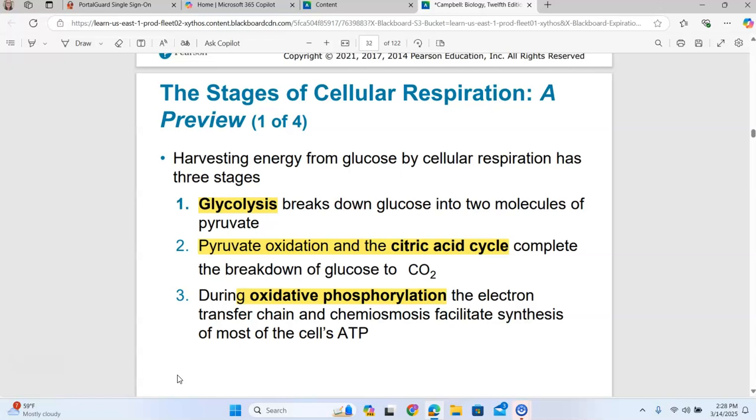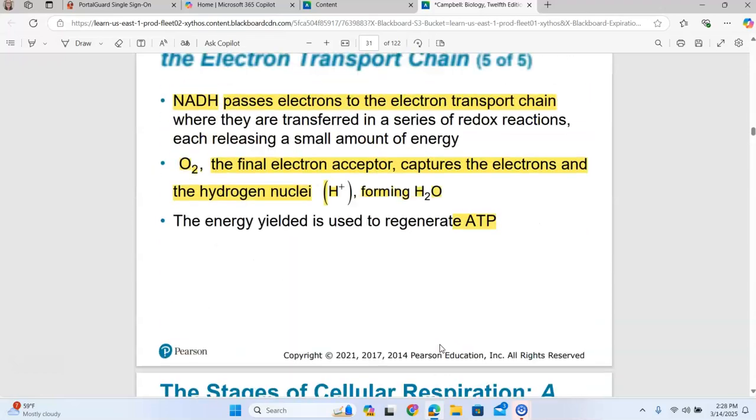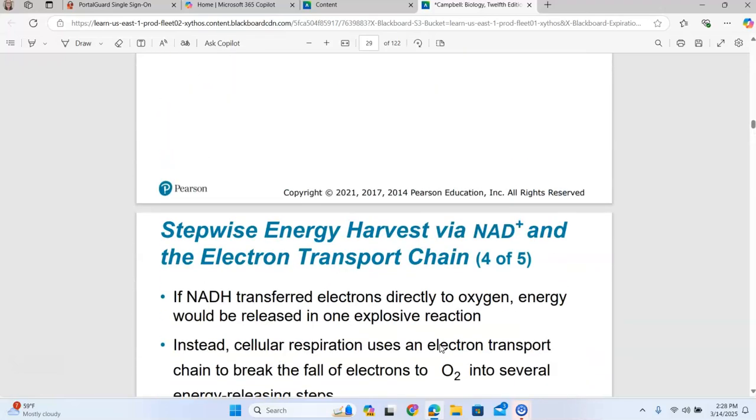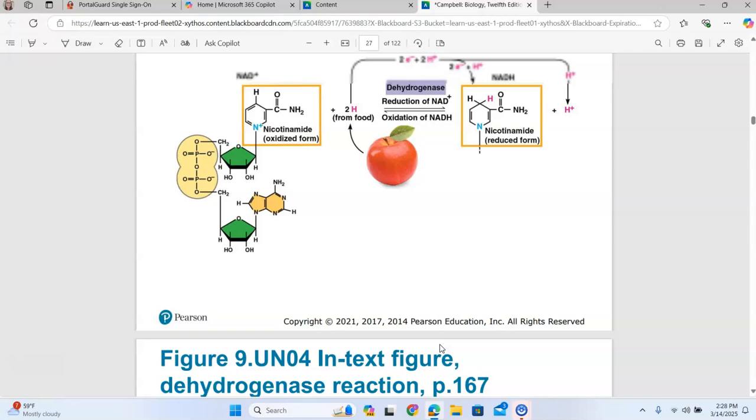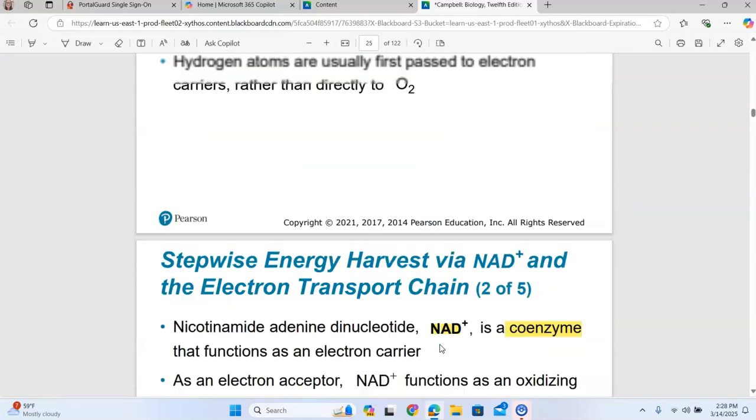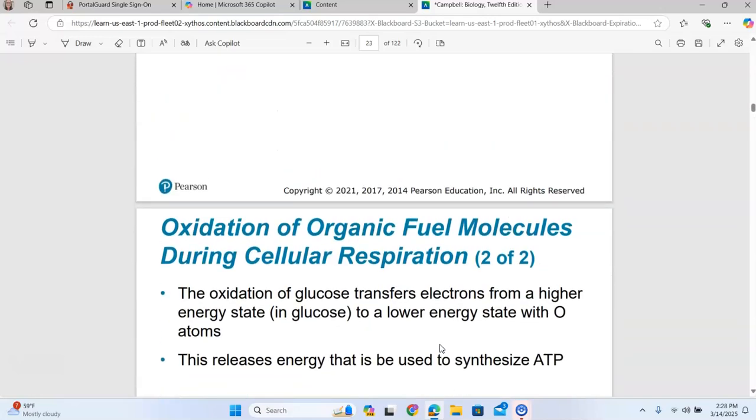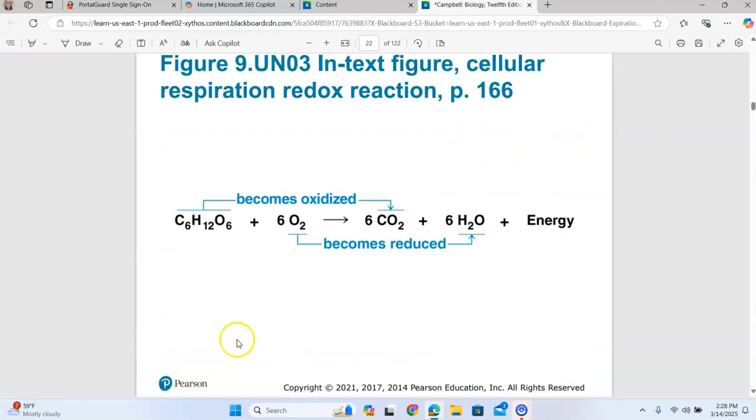But I want to say real quick, I don't know if it's in the notes or not because this is a new book to me. But we learned that cellular respiration is this chemical reaction. Let's go back to it. This is the overall chemical reaction for cellular respiration. That looks like one step. So why does cellular respiration, which is this one chemical reaction overall, have to be broken down into so many different chemical reactions?